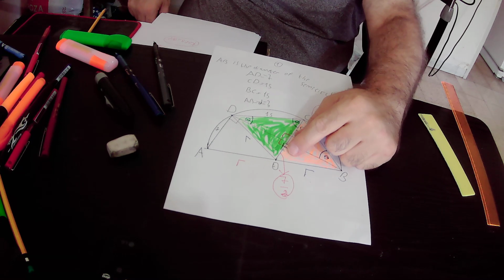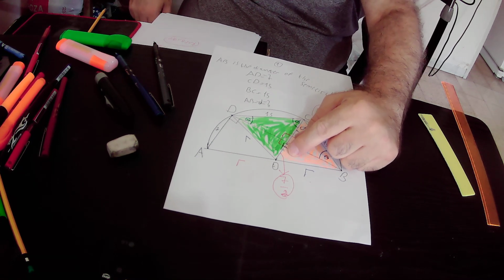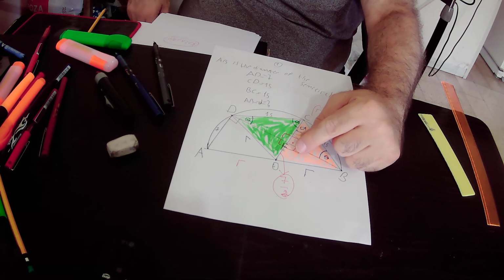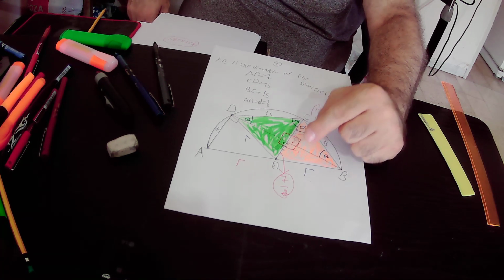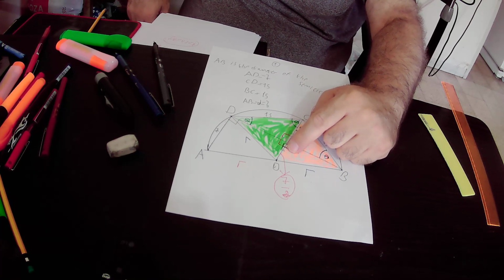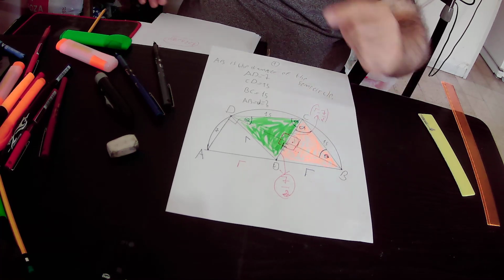Therefore, if we focus on this side of straight line OC and at point E, this angle that equals 90 degrees plus this angle must be equal to 180 degrees.